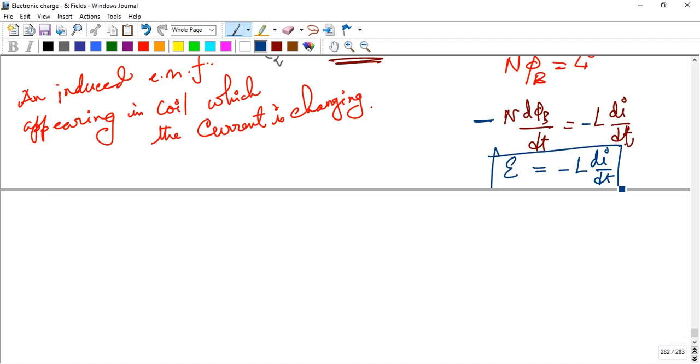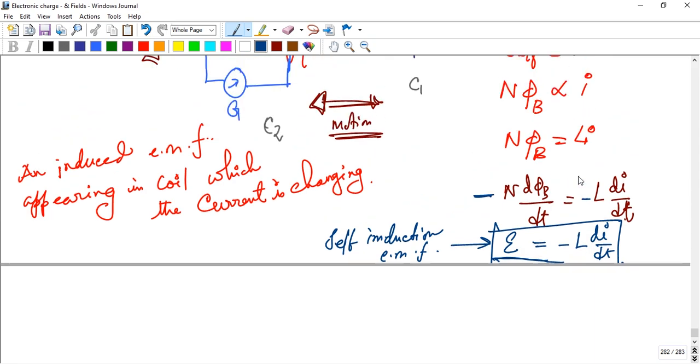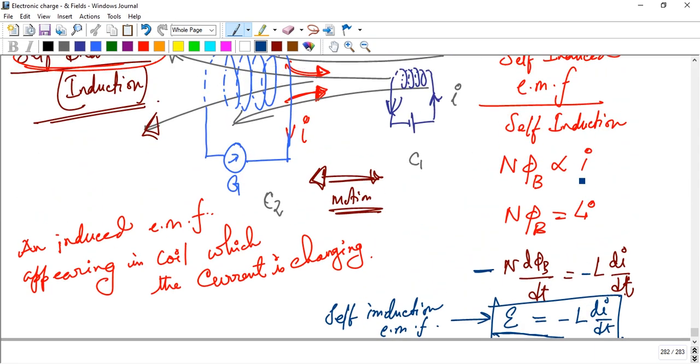From Faraday's law, finally we get the self induced EMF, which is equal to minus L dI by dt. And keep in mind, the self inductance opposes any change in current in the coil, because there is an opposite direction.